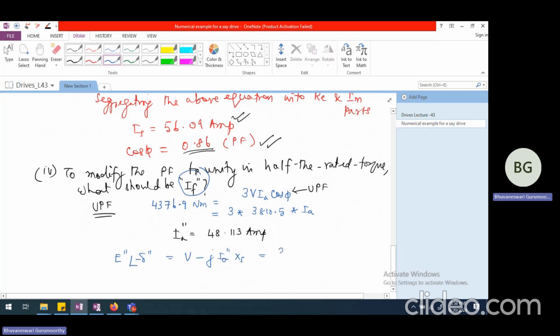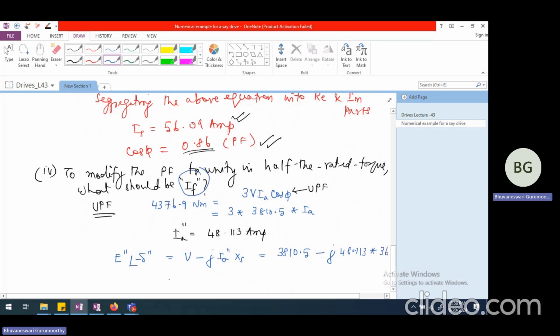So V is 3810.5 minus J times IA2 dash is 48.113, and this has to be multiplied by XS, which is 36 volts.